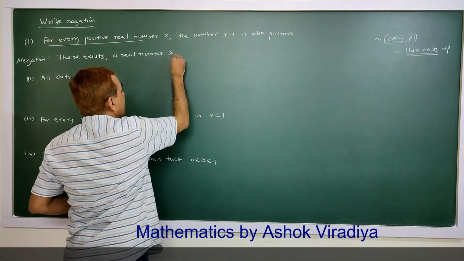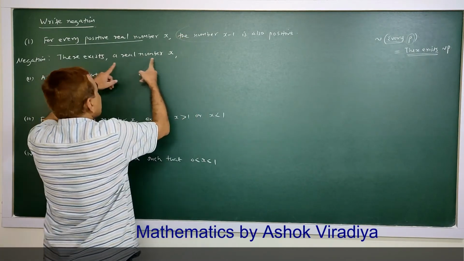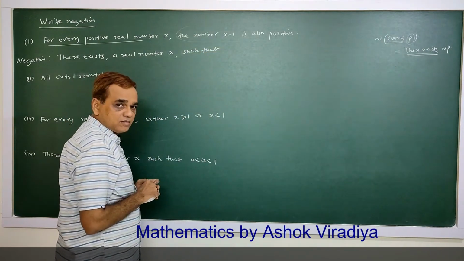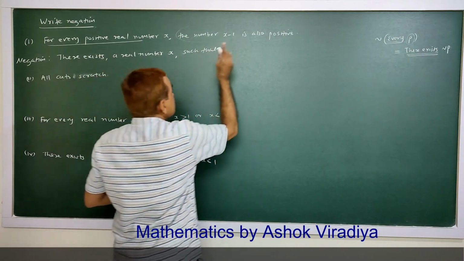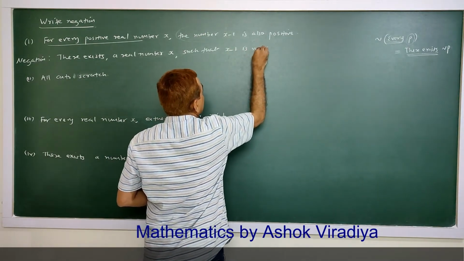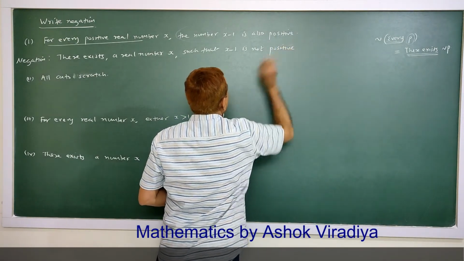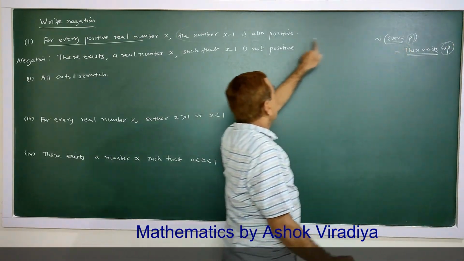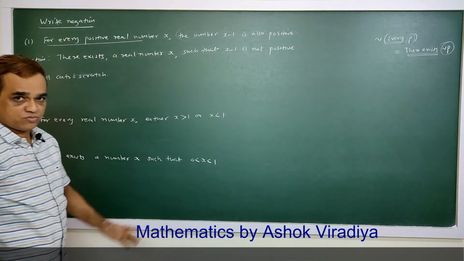There exists a real number x such that the denial of this property for this particular number is x minus 1 is not positive. So we put a negation of the property. Here this is the property, x minus 1 is positive; here, x minus 1 is not positive.